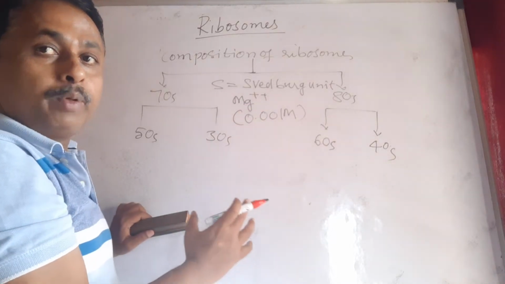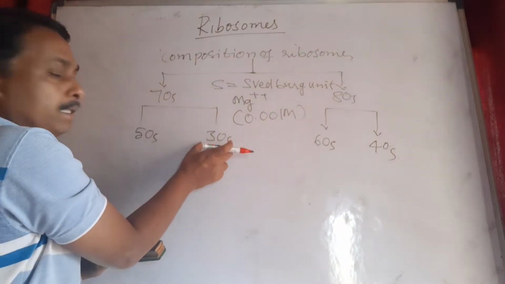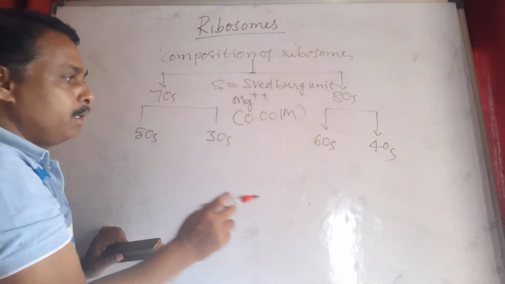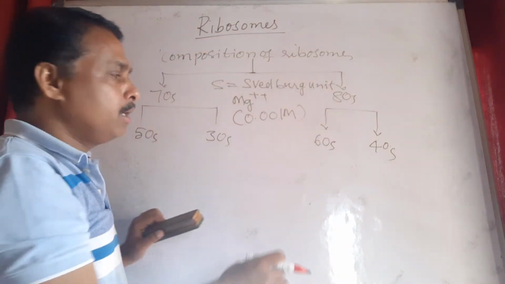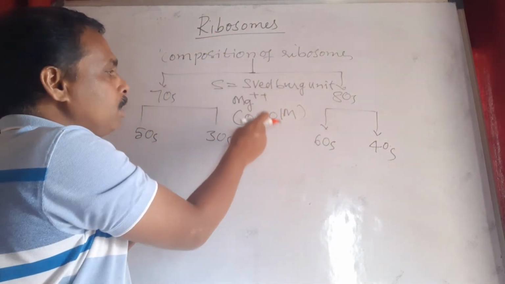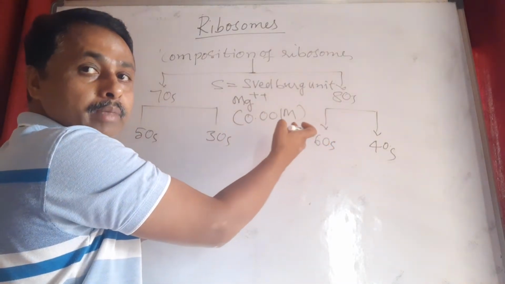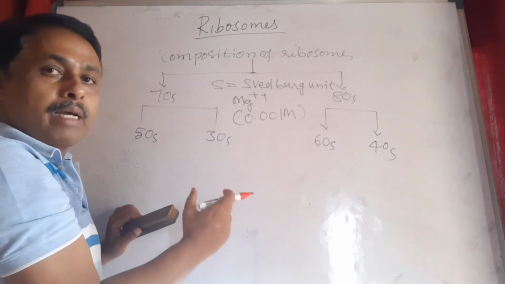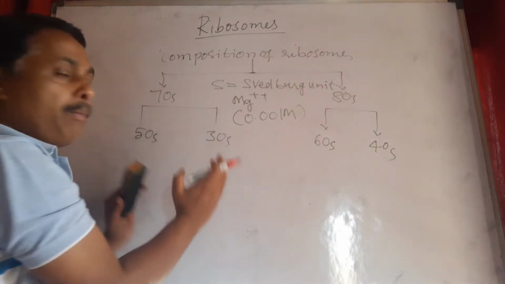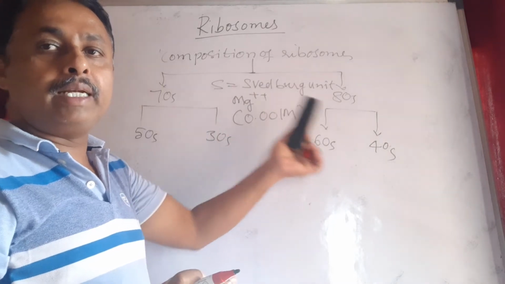This is very important for association of 50S and 30S of 70S, and 60S and 40S of 80S. Otherwise, if the critical concentration of magnesium is decreased or increased from this, then what happens? The subunits will dissociate from 70S and 80S.